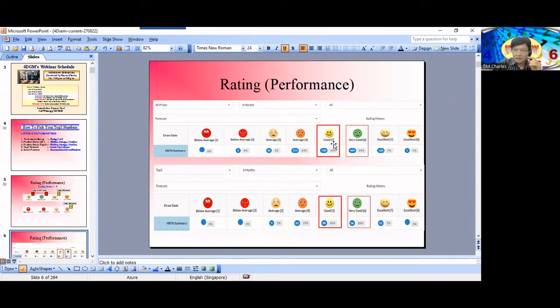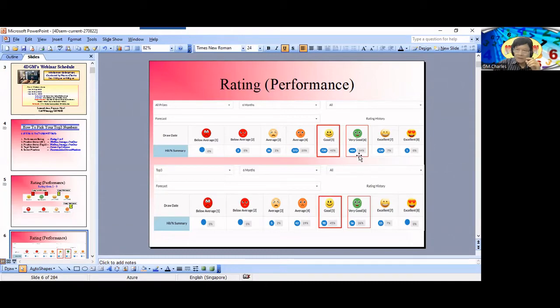The percentage for rating 5 is 43%, compared to rating 6, which is only 24%. So rating 5 has double the hit rate, 43% versus 24%.